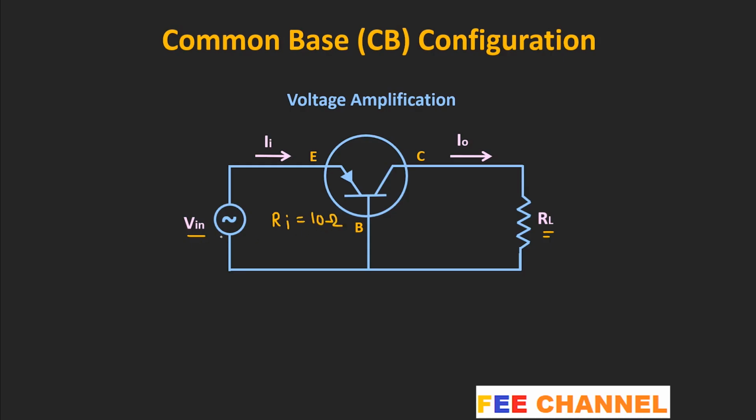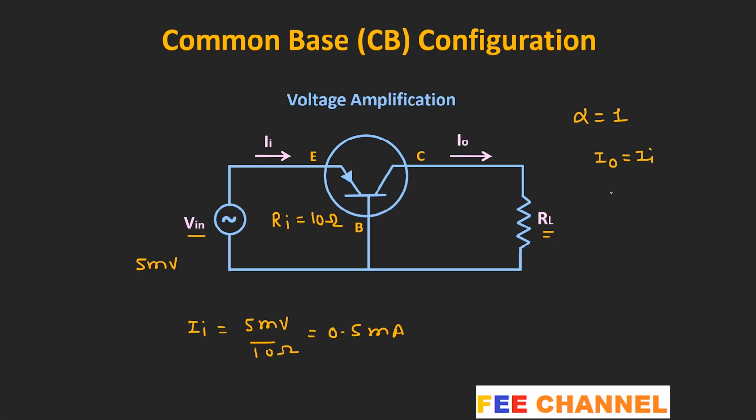And typically, it used to be in the range of ohms. So let's say, here the input resistance is equal to 10 ohm. And let's say the input voltage is equal to 5 mV. So we can say that the input current is equal to 5 mV/10 ohm. That is equal to 0.5 mA.